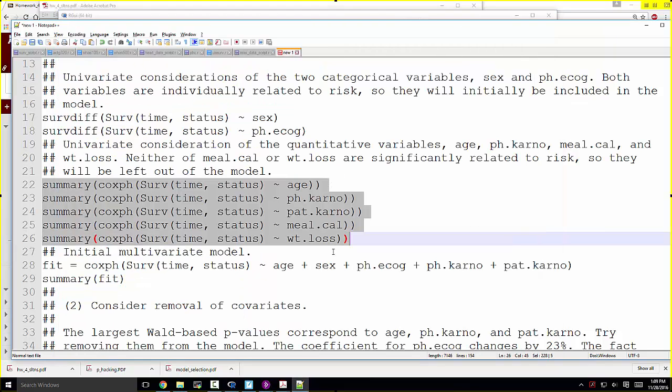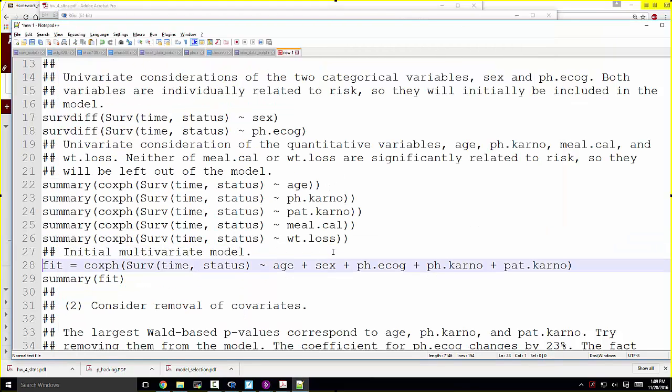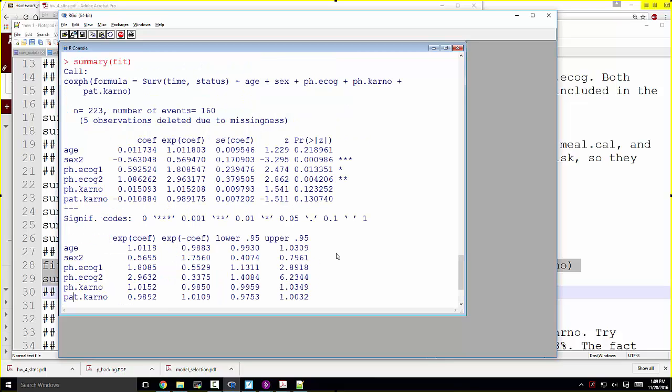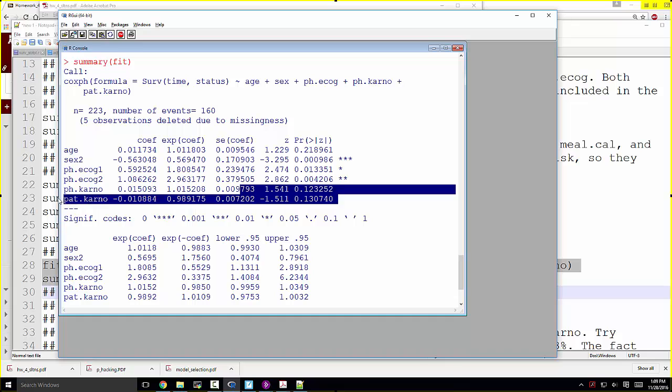So I'm going to start with this multivariate model that has everything but those 2 covariates. Here's what the output looked like. We have marginal significance, well, really not significance for age, as well as the 2 Karnofsky variables.